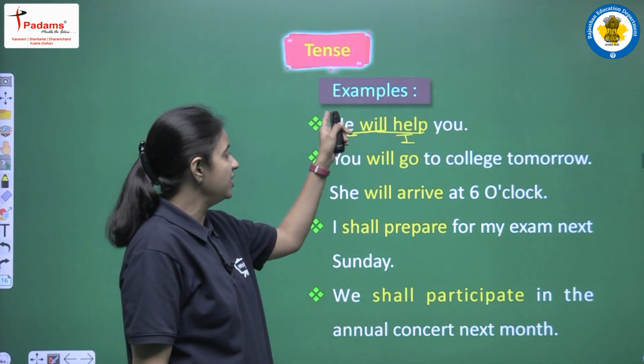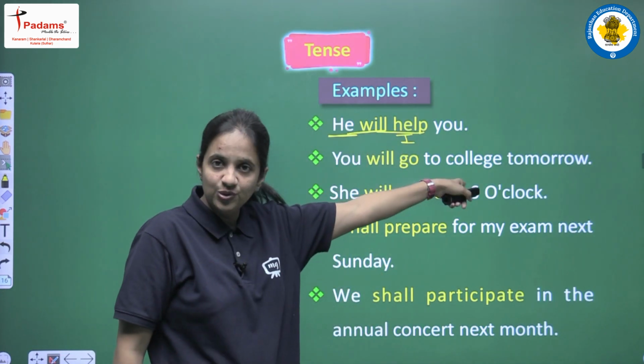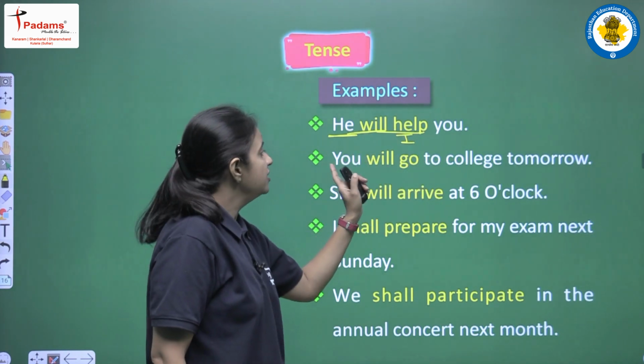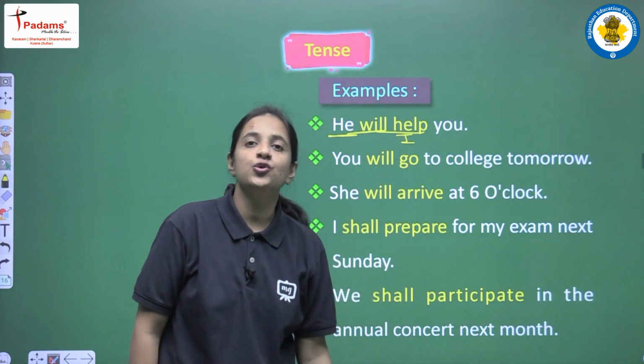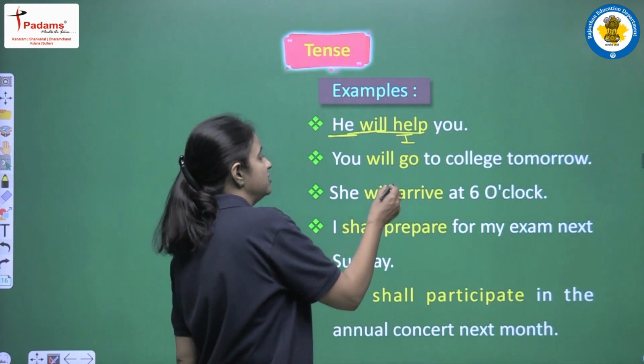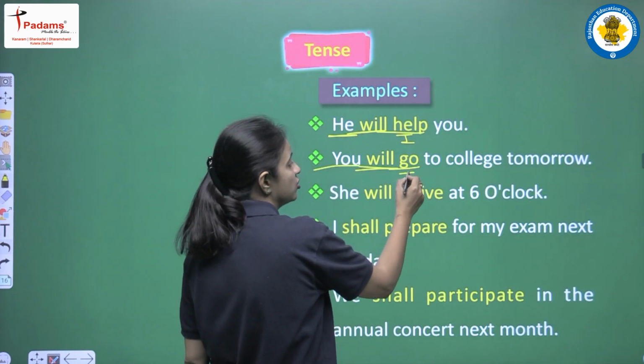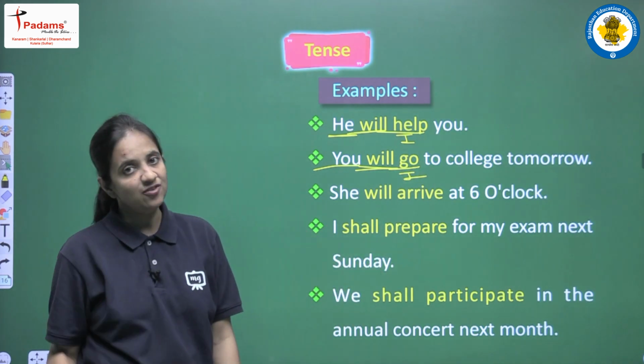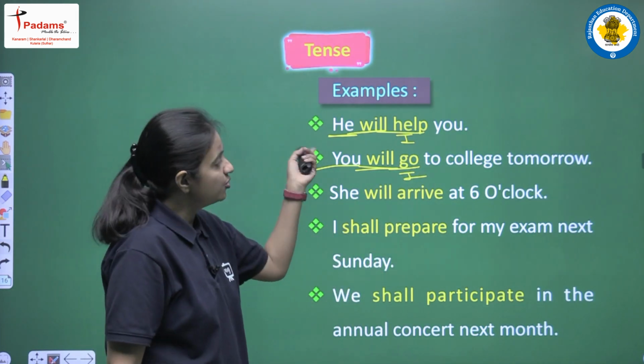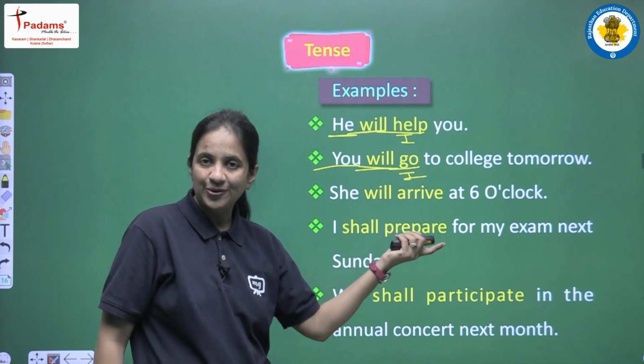So the sentence will be he will help you. Next is you will go to college tomorrow. In this sentence also we use will, because we have you, and we use go, the first form of the main verb, and the sentence will be you will go to college tomorrow.